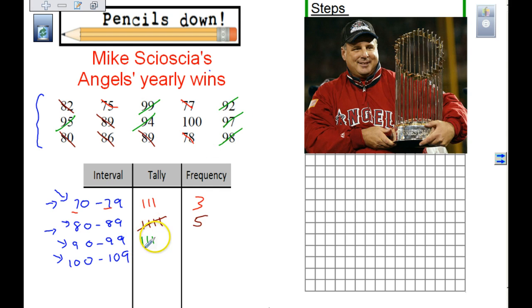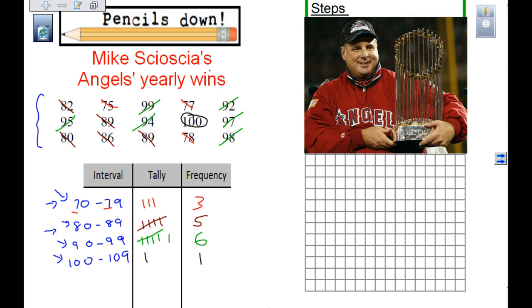So that's 6 total. And how many in the hundreds? Or 100 through 109? That would be just 1. Either one's fine. Don't have to do both.